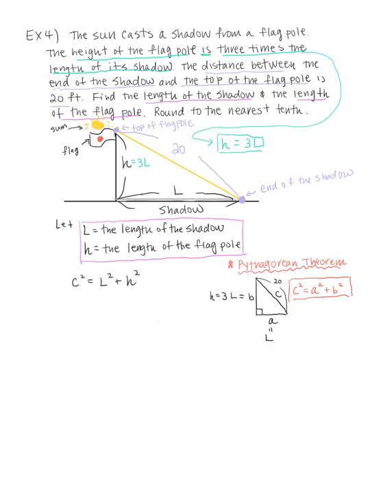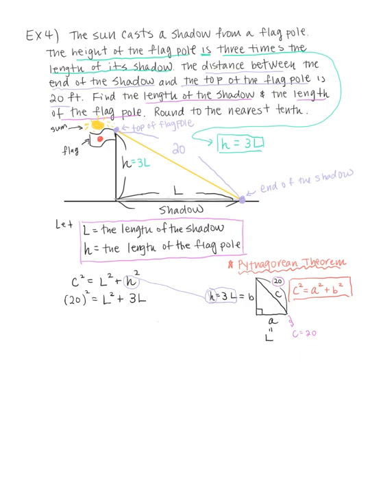Since our c is 20, c squared will be 20 squared equals L squared plus h squared. But what's our h? H equals 3L. So I'm going to replace our h with 3L. So you're going to have L squared plus the 3L. All right, I think we're good to go.